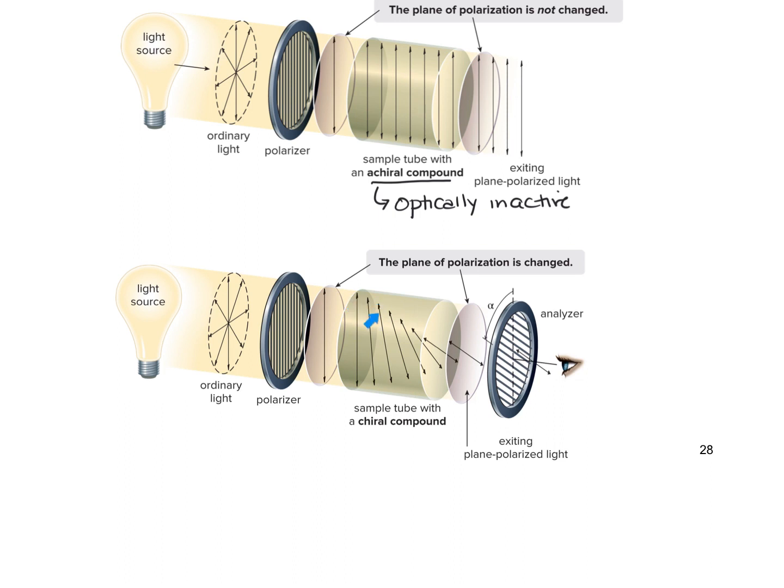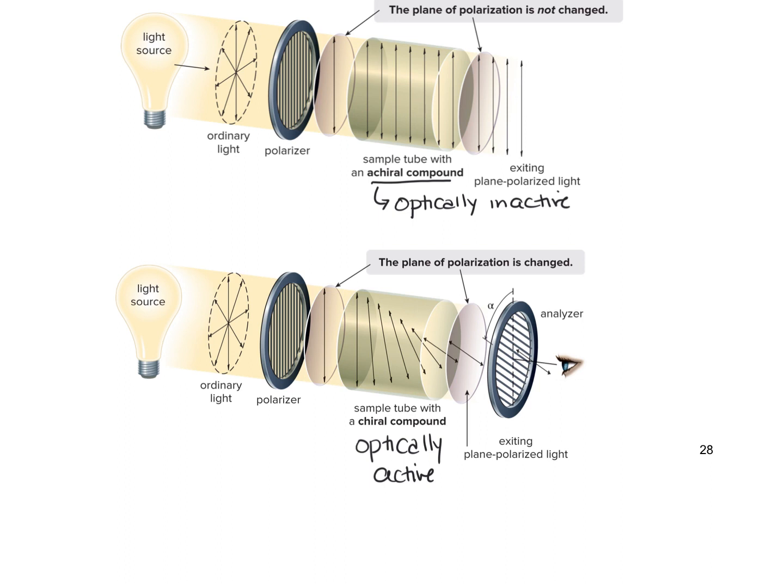And all of a sudden, the chiral sample will rotate that light, and so it will change the plane of the light. And we say that that is optically active. Right? And you would look through an analyzer and you would see this and measure it. Some newer instruments now will just have a readout that you can use.